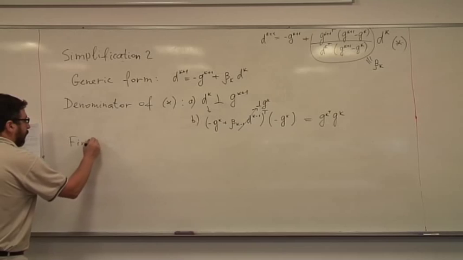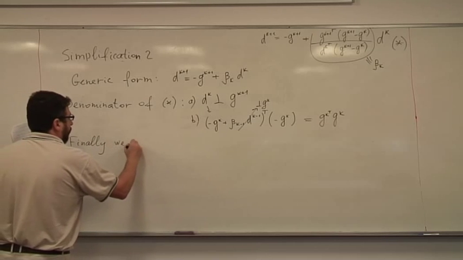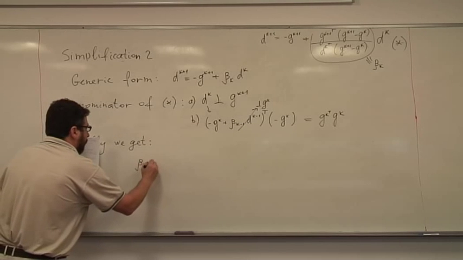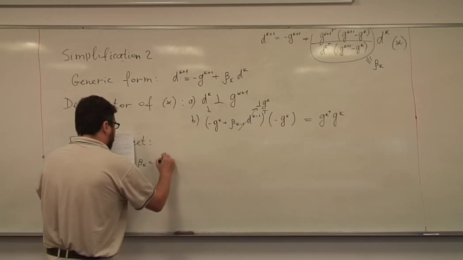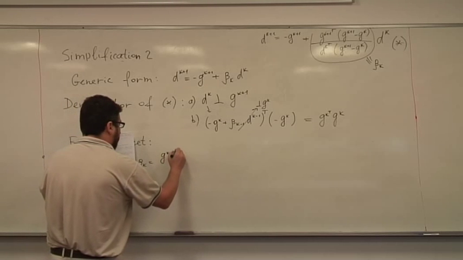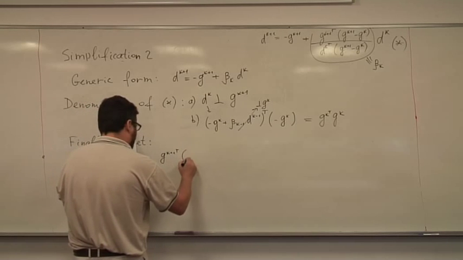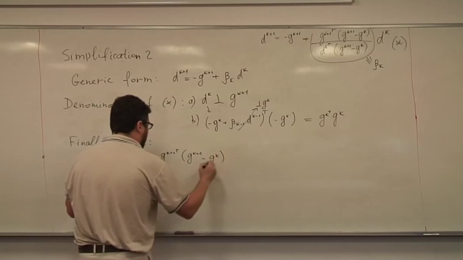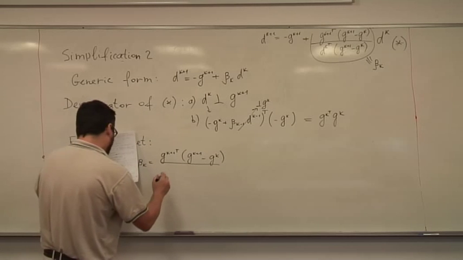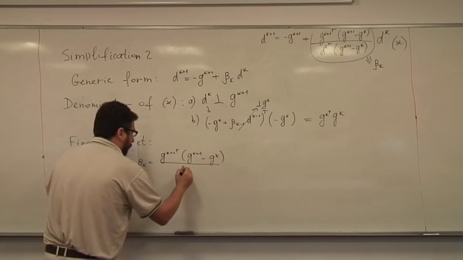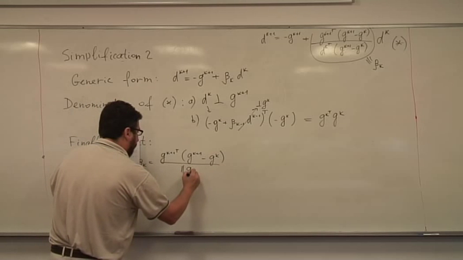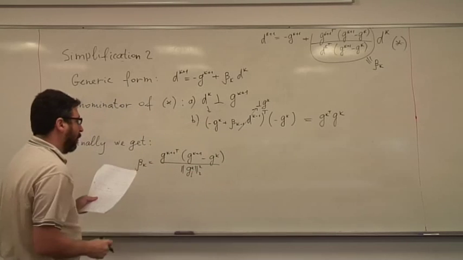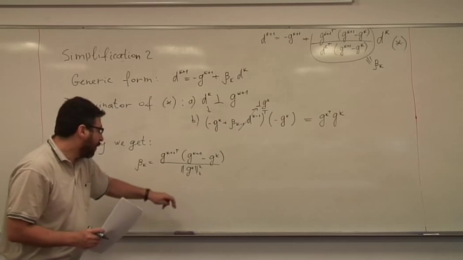Finally, we get beta_k equal to g_{k+1} transpose (g_{k+1} minus g_k) divided by, I can even write shortly, the 2-norm squared of g_k, the scalar product of the vector with itself.